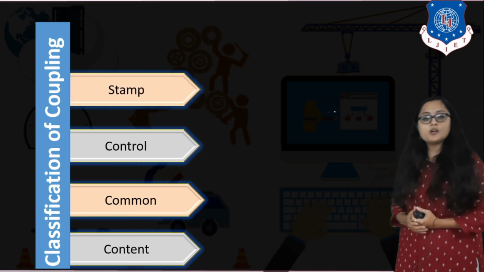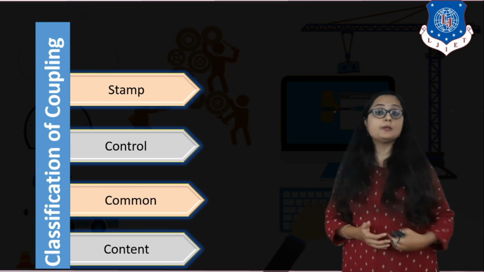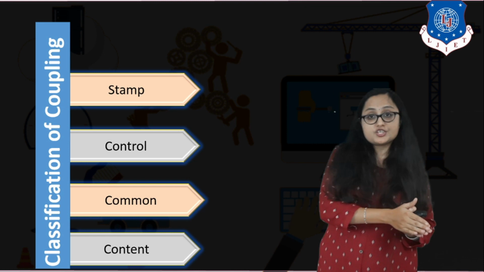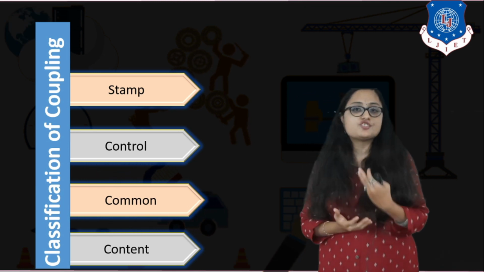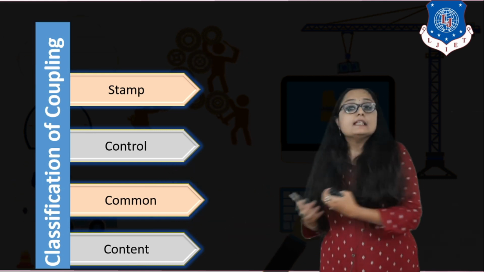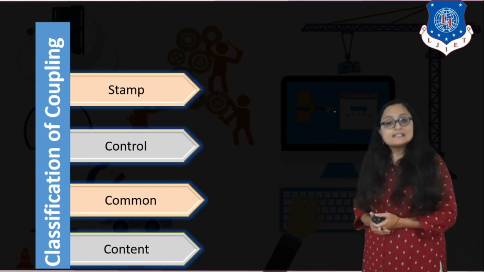The next type of coupling is known as stamp coupling. Now, what do you mean by stamp coupling? If you are passing a whole data structure from one module to another module, right? For example, in C you have a structure or array. If you are passing an array or structure as an argument, then that sort of interdependency is known as stamp coupling.